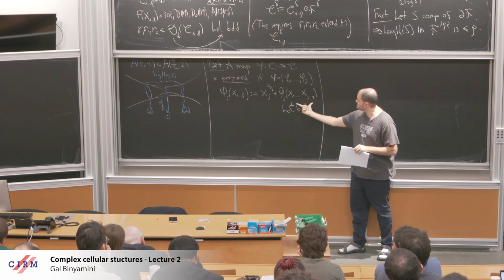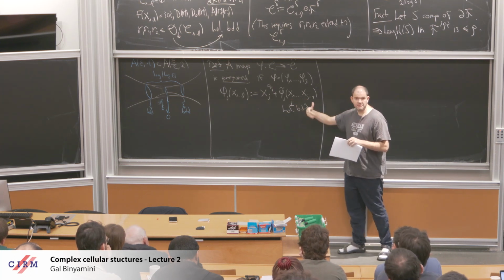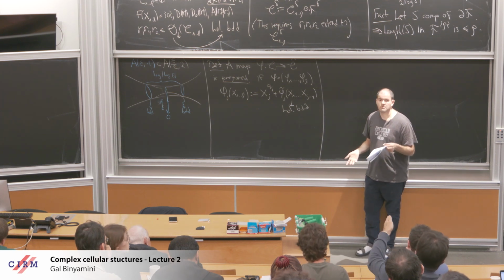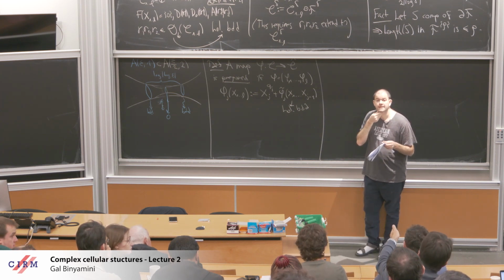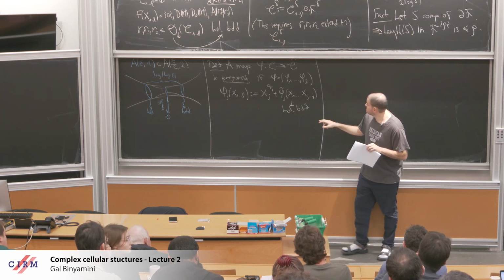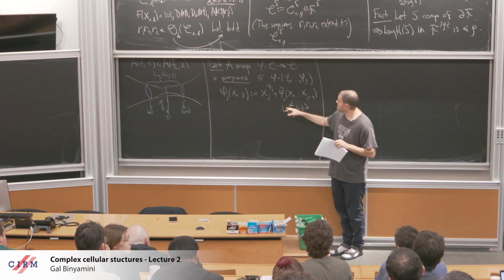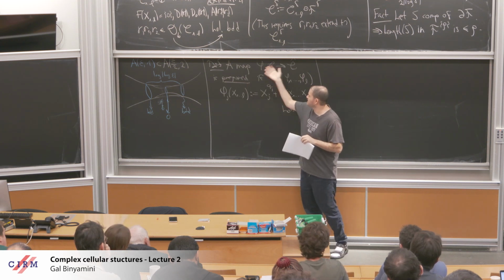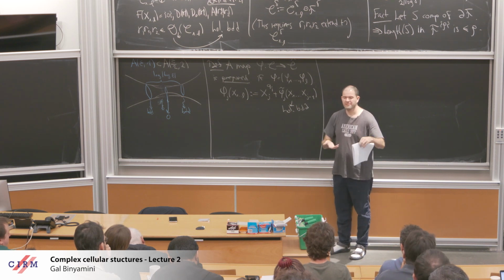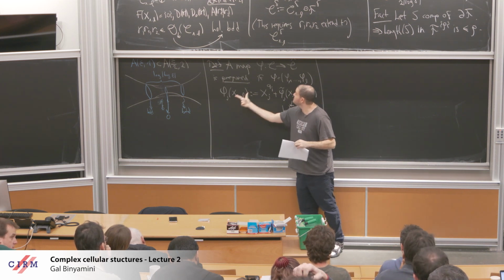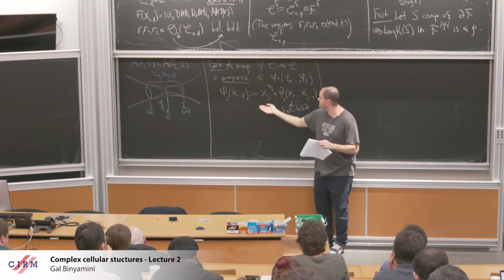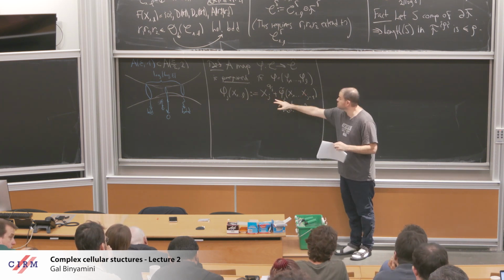It's exactly this triangular structure that makes it analogous to standard cells. Therefore, phi j depends only on x1 to xj. I just took a general map, but the definition means that phi j is defined on C, so it takes x1 up to xl, but in fact it depends only on x1 up to xj, and the dependence on xj is very simple.